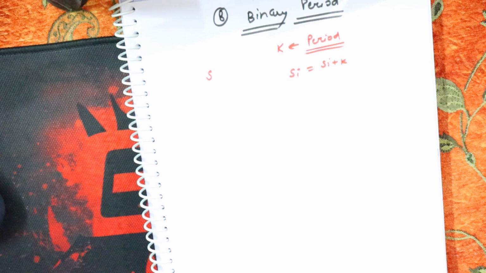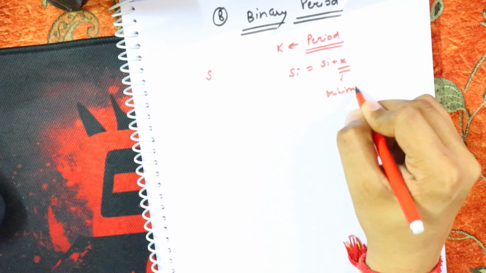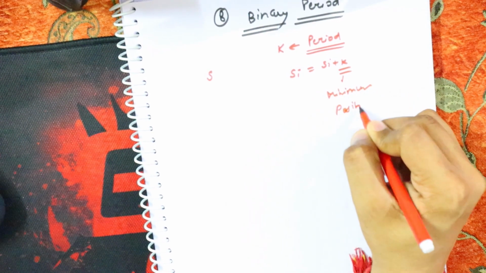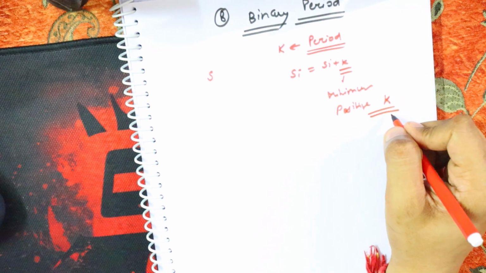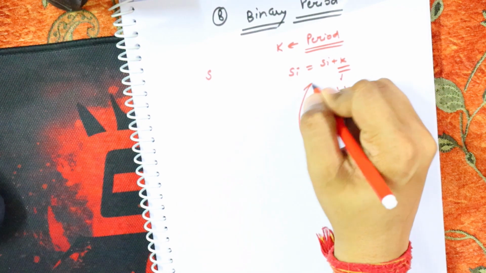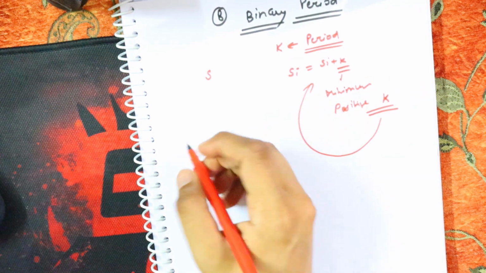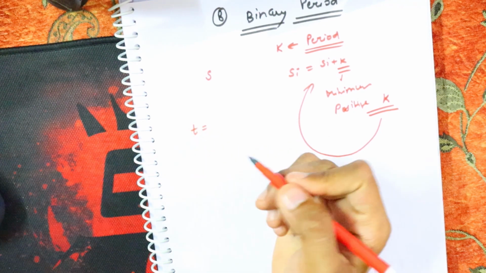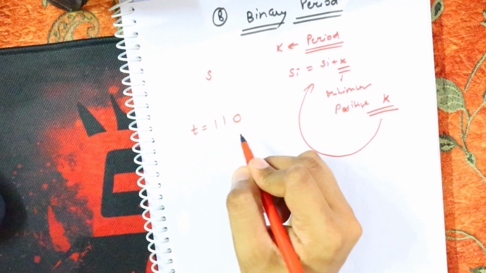the minimum positive integer k for which the condition is true. Suppose I have a string t, any string, suppose it is 110.